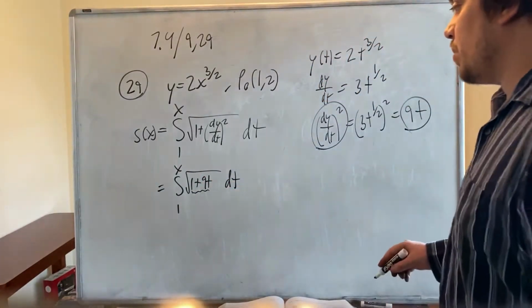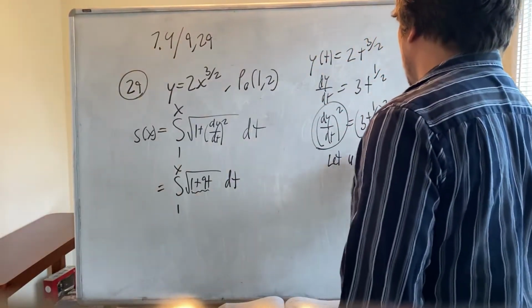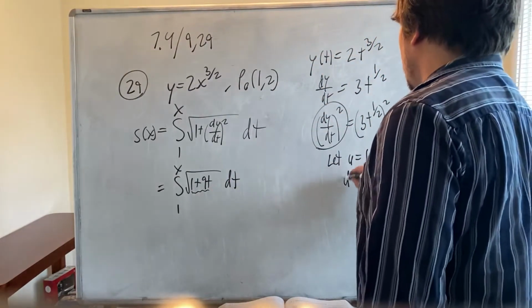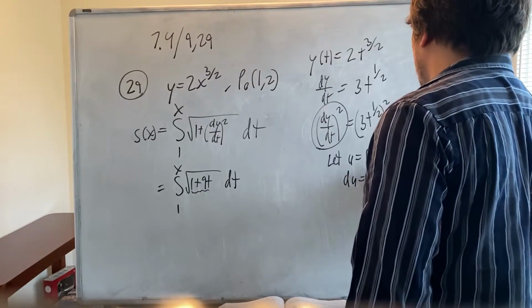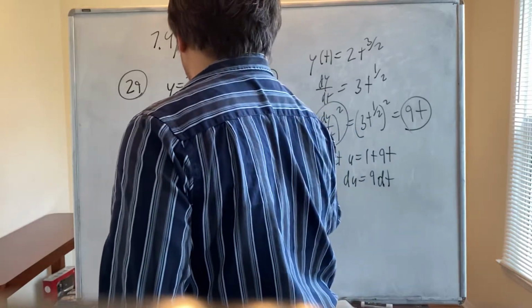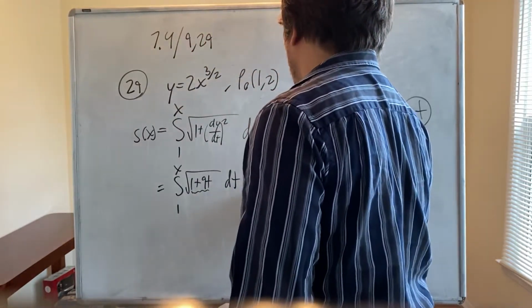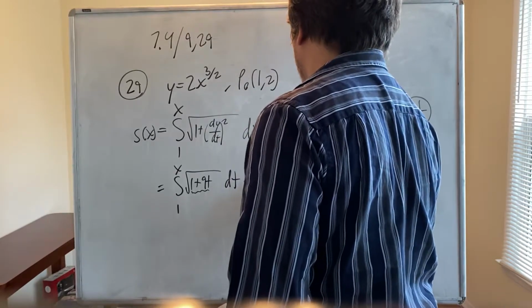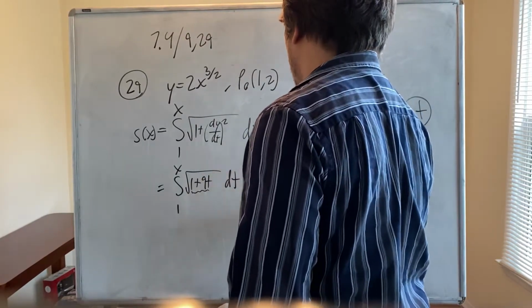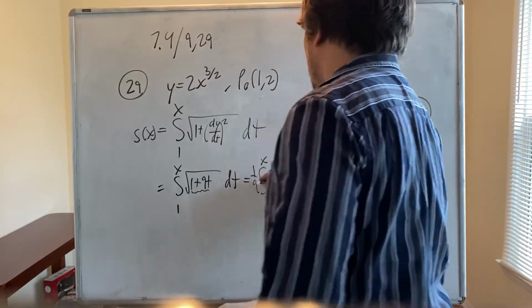Let u equal 1 plus 9t. du is equal to 9 dt. So I need to put a 9 in front there. Let me add a step for that. This is the square root of 1 plus 9t from 1 to x. I'm going to add a 9 here, so 9 dt, and put 1/9 on the outside.